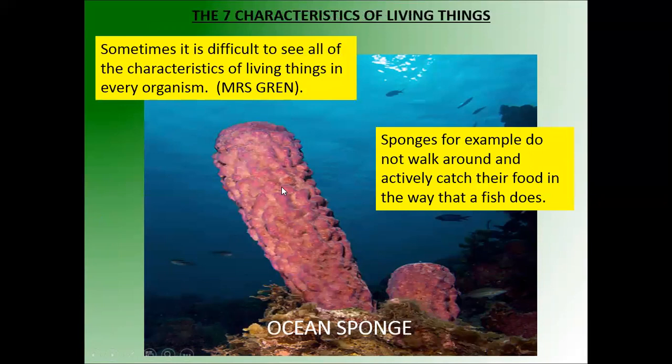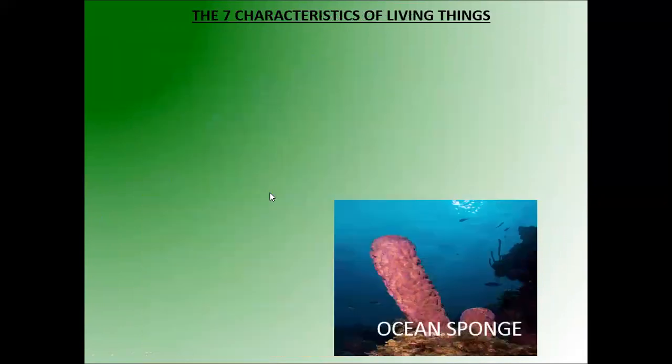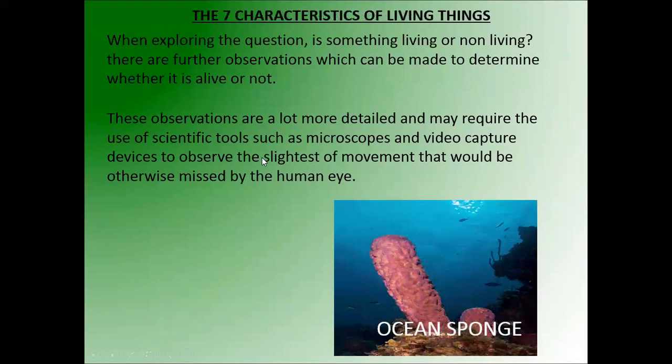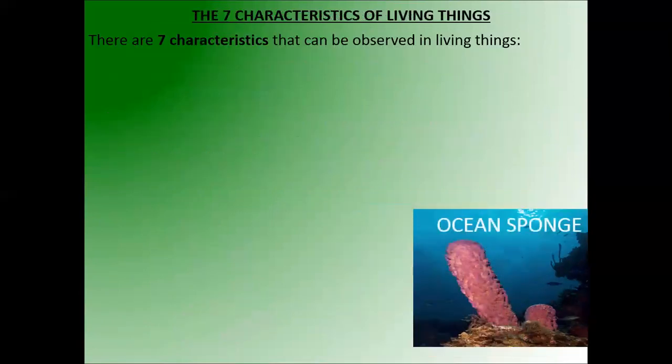Sponges, for example, do not walk around and actively catch their food the way a fish does. And how do they do it? What the sponges do is we call them filter feeders. And how do they feed? They take in the organisms through different ways.